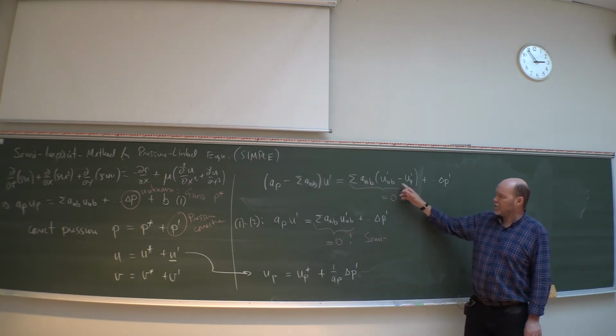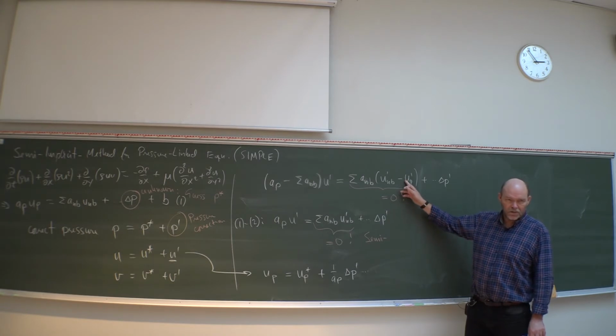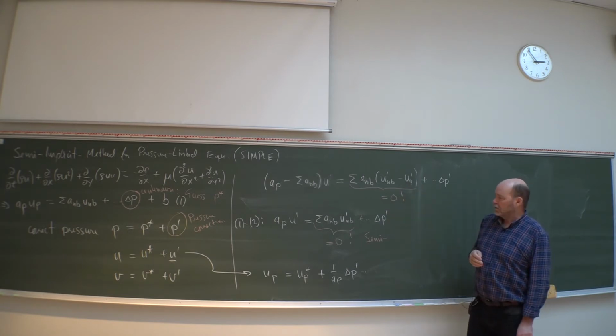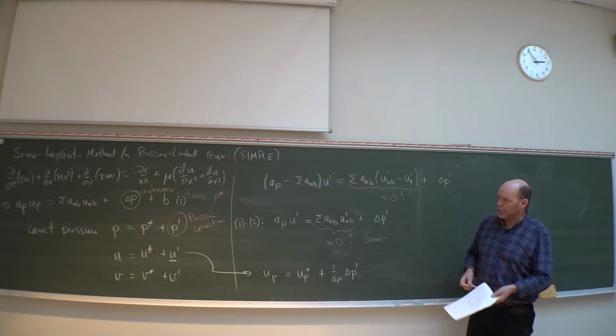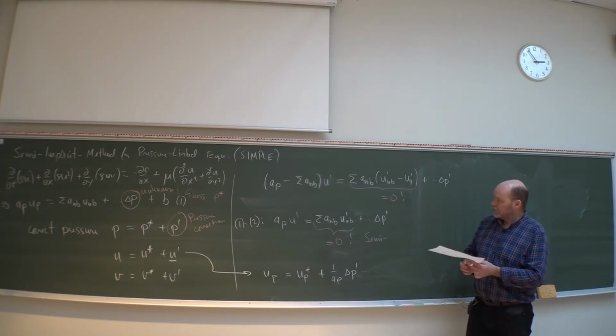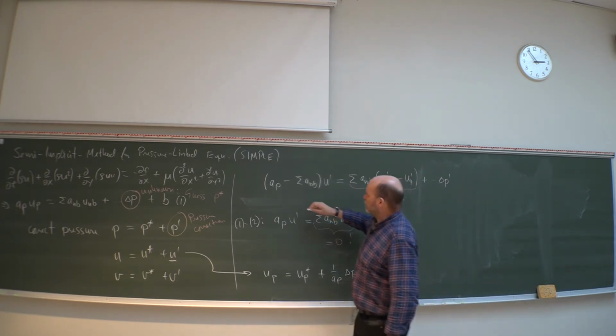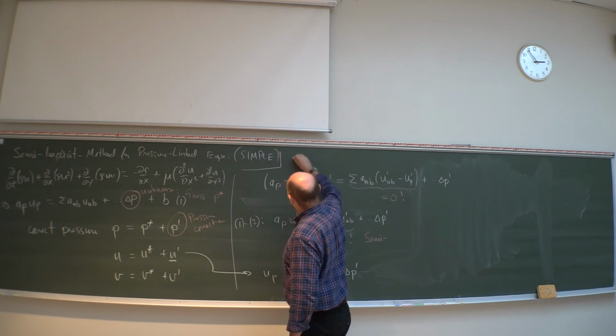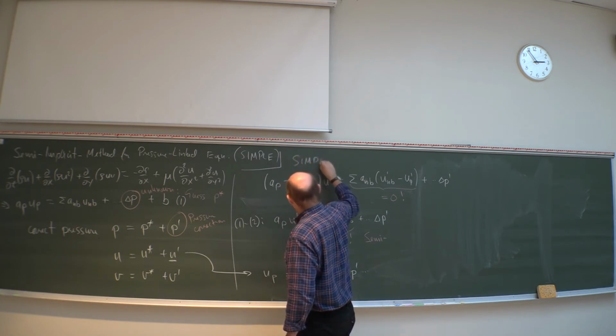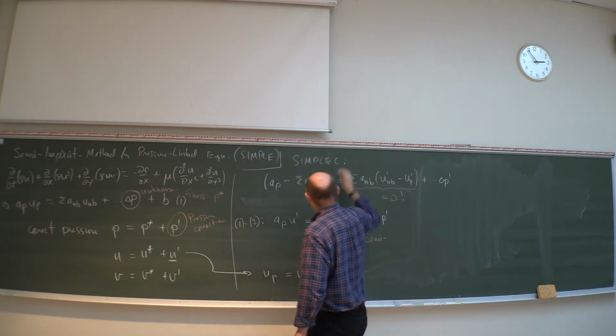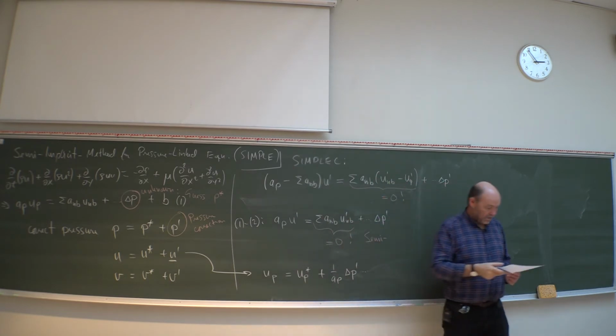You have a difference in velocity here. So not so bad. So this simple trick speeds up convergence quite a lot. So this version of this equation is what you call SIMPLEC. That's the only trick.